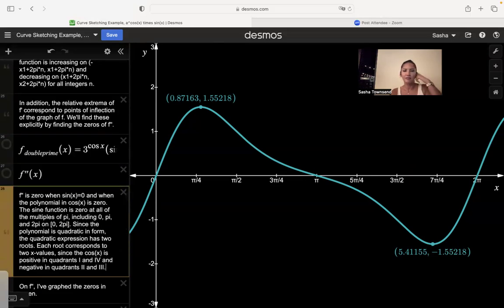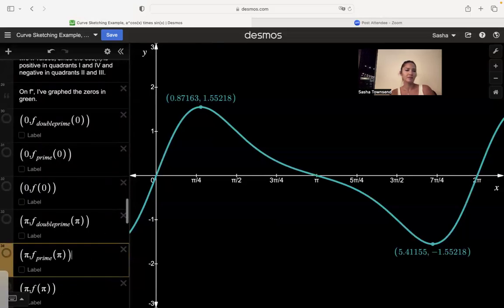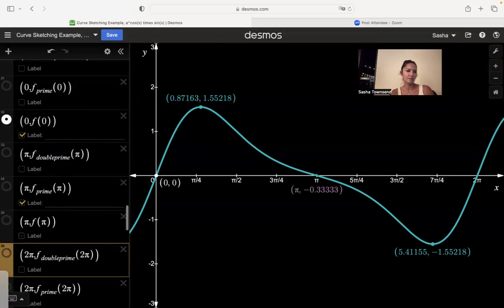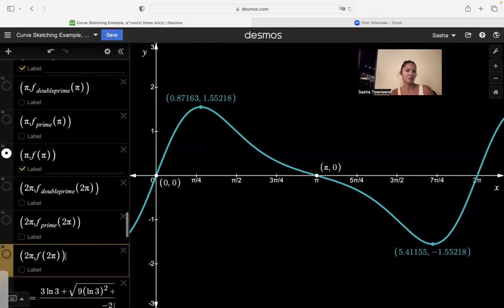And then points of inflection are when the second derivative is 0. Our second derivative is 0 at 0 and pi, and at 2 pi.